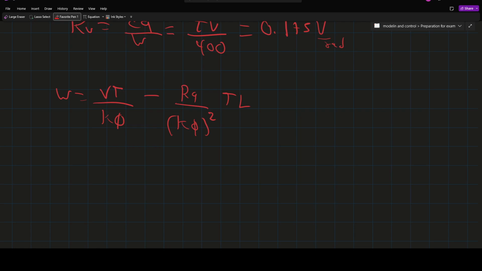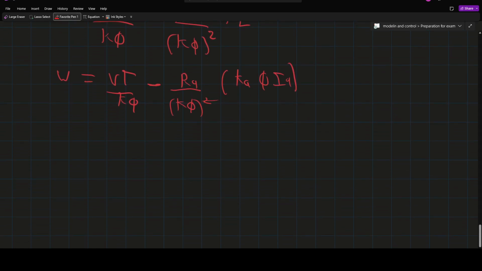So we can say that omega is equal to Vt K phi minus I R over K phi squared, and let's say the load torque is K phi Ia.